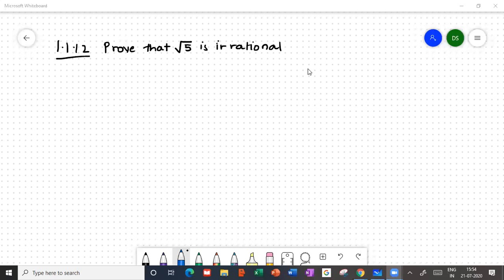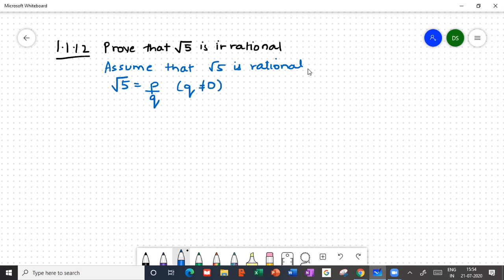Okay, so your first step would be letting root 5 be rational. So I'm going to write, root 5 is equal to P by Q, where Q is not equal to 0 and P and Q are coprime.